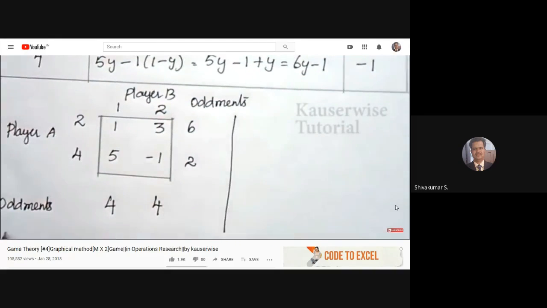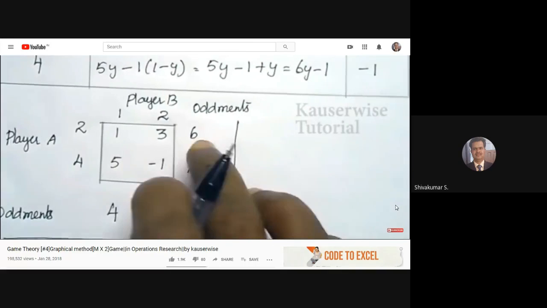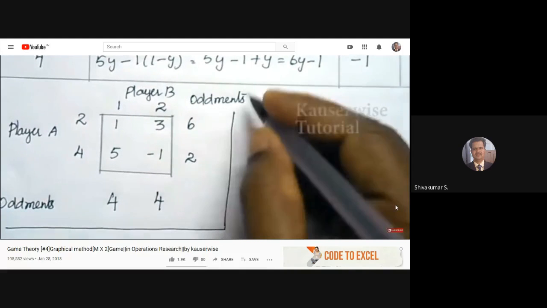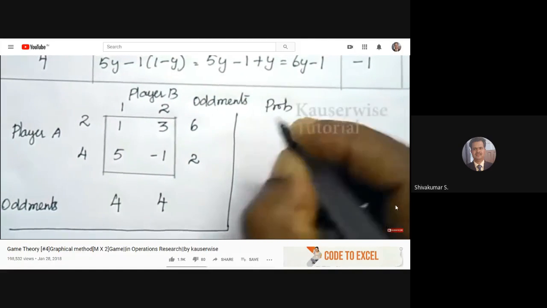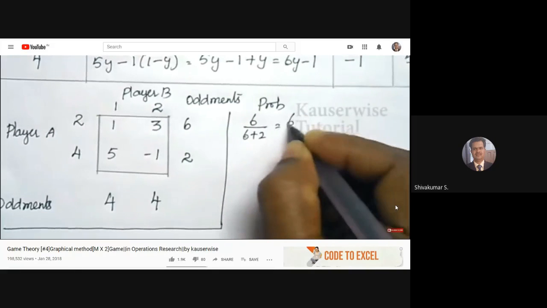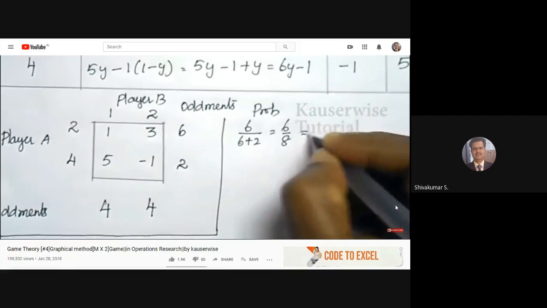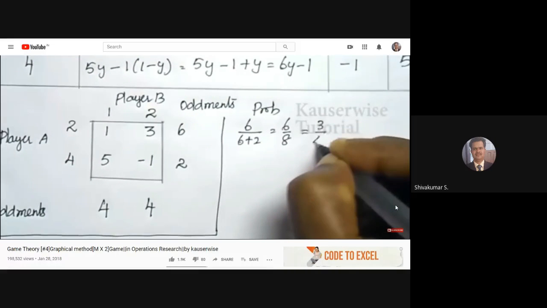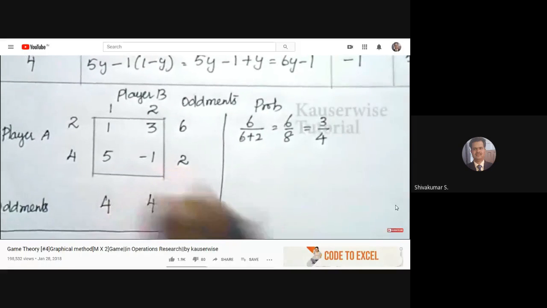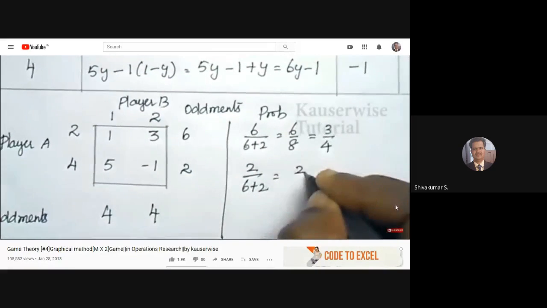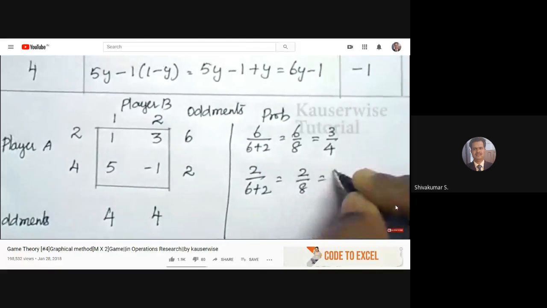Now find the probability. For the probability, 6 divided by 6 plus 2 is equal to 6 by 8 is equal to 3 by 4. In the same way, for the second one, 2 divided by 6 plus 2 is equal to 2 by 8 is equal to 1 by 4.